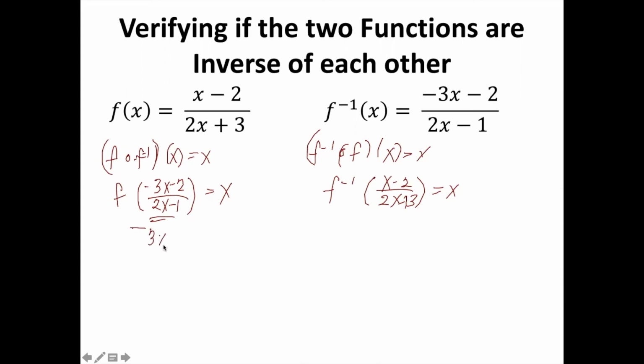So this is negative 3x minus 2 over 2x minus 1 minus 2, all over 2 times negative 3x minus 2 over 2x minus 1 plus 3.